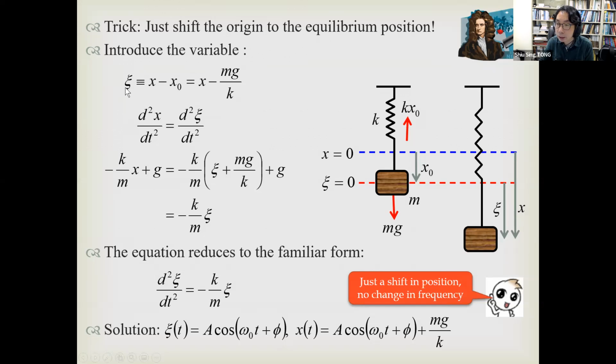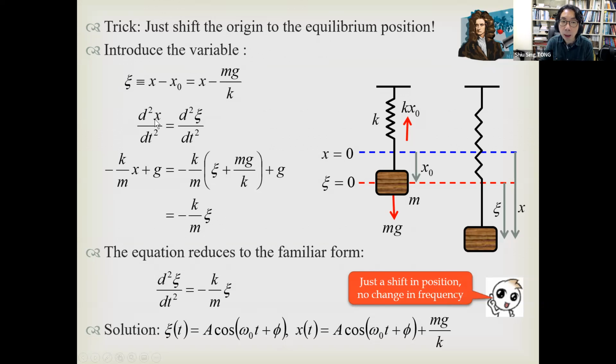So that means xi is defined by x minus x0. This is a simple transformation between xi and x, and they differ just by a constant. The constant is the initial downward shift of the block, so x0 is mg over k. Now, if I differentiate both sides with respect to time, because the second term here is a constant, it goes away upon differentiation.